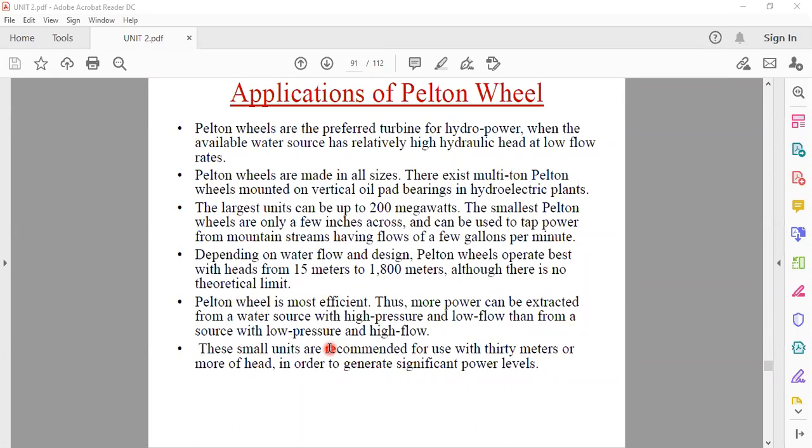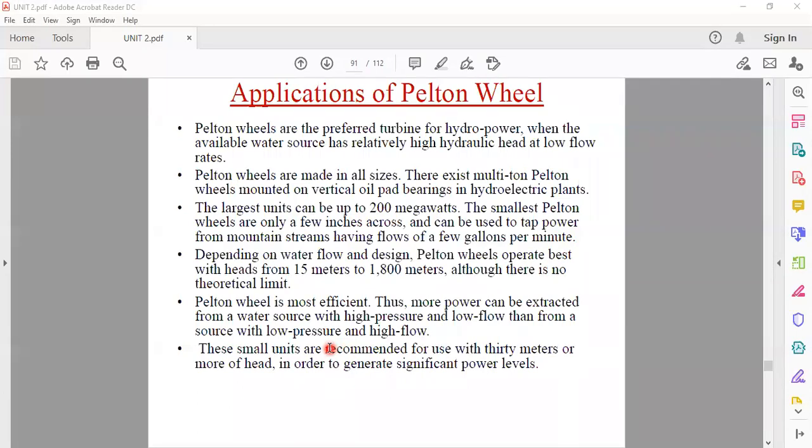There exist multi-ton Pelton wheels mounted on vertical oil pad bearing in hydroelectric plants. The largest unit can be up to 200 megawatt. The smallest Pelton wheels are only a few inches across and can be used to tap power from mountain streams having flow of a few gallons per minute.